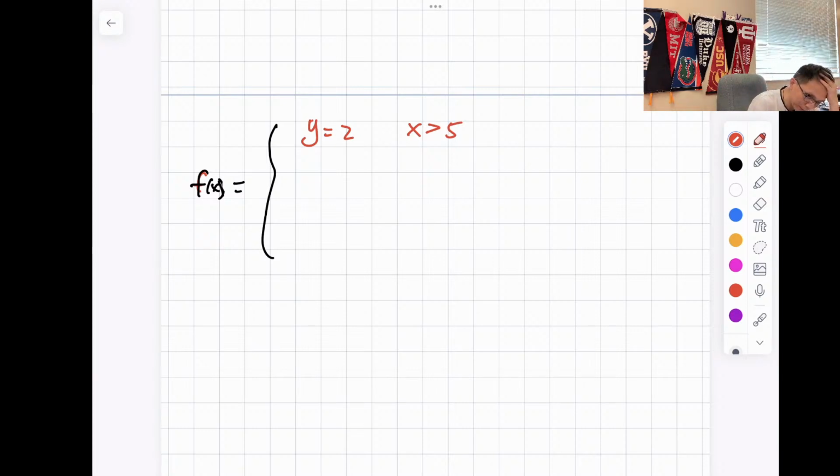Is that okay? The blue function is going to be 2x minus 5y equal to 10 when x is between 5 and 0.